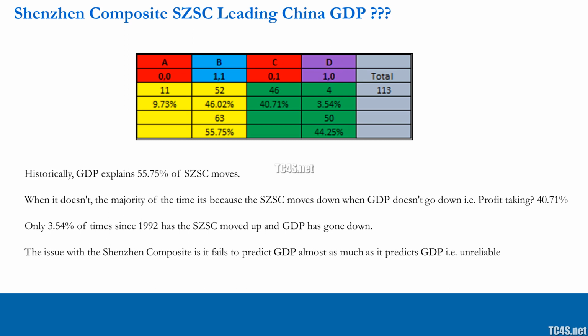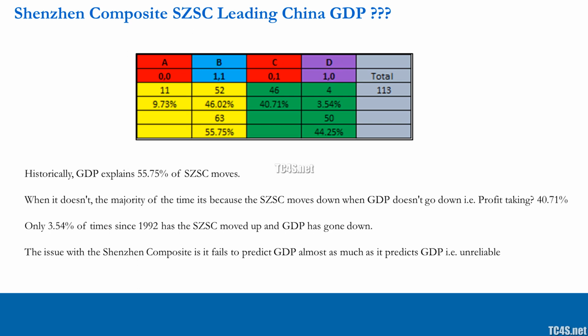And when it doesn't, the majority of the time, it's because the index moves down when GDP doesn't. So when they don't move in the same direction, it's in the vast majority of cases that the Shenzhen Composite moves down when GDP doesn't. So GDP is reported up and the index is reported down.